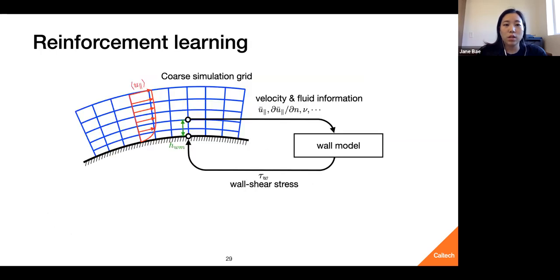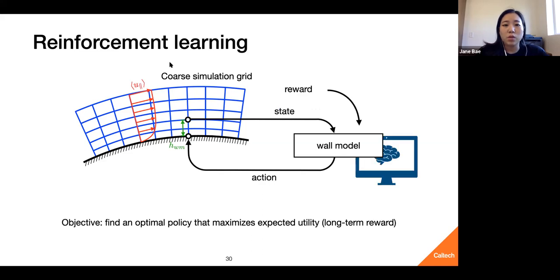So in this study, what I did was I reformulated the wall modeling for LES problem as a reinforcement learning problem. Here we have the picture that I showed you earlier, where we had the coarse simulation grid. We take information off the wall, feed it to the wall model, and then get wall shear stress from the wall model and apply it as a boundary condition. This diagram already looks very similar to the diagram in reinforcement learning. The coarse simulation grid can be thought of as our environment.